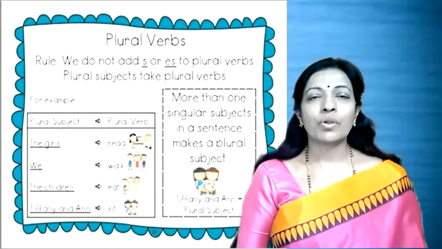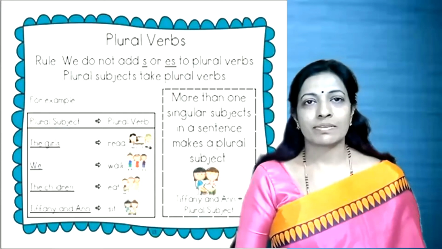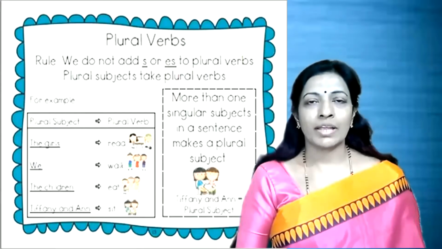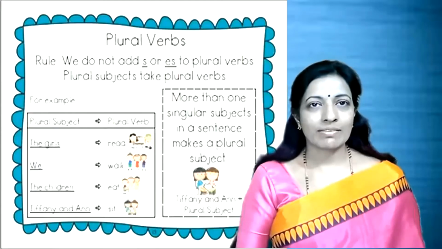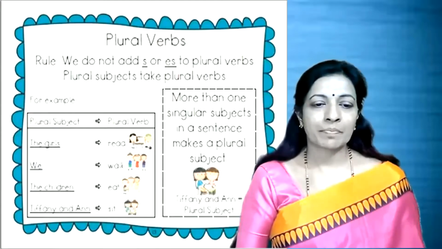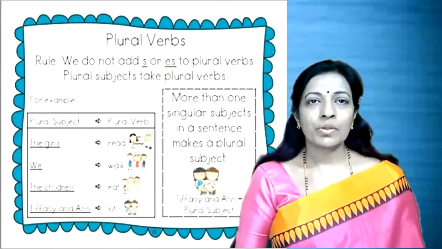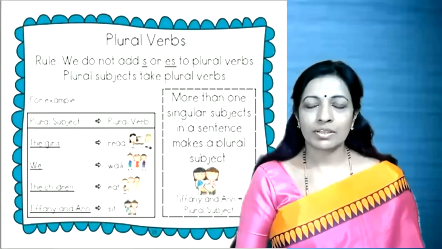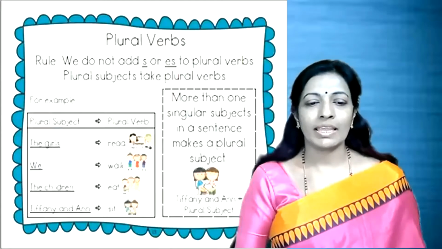Let us now look at sentences which have plural subjects. Sentences which have plural subjects will have verbs not ending with S or ES. Let us look at some of the examples. Two girls read. Now, here the subject is plural and therefore the verb does not end with S or ES.